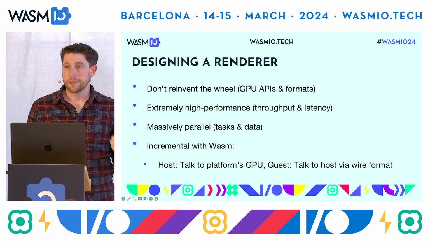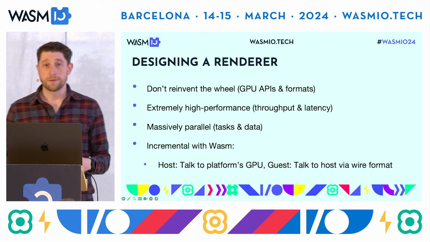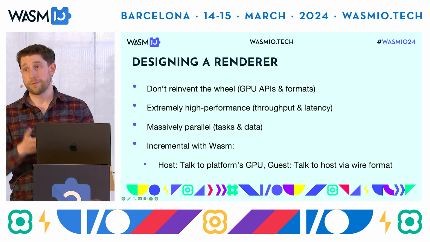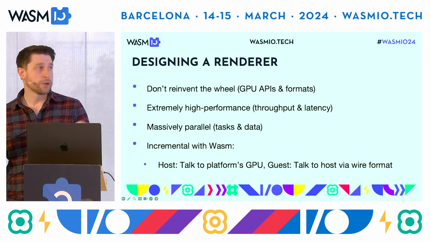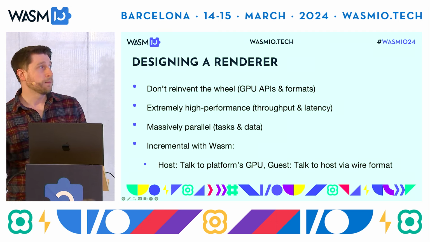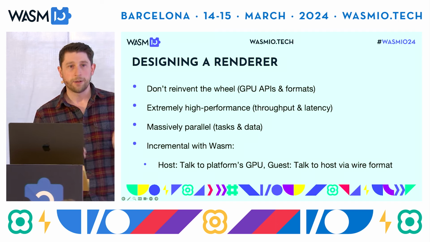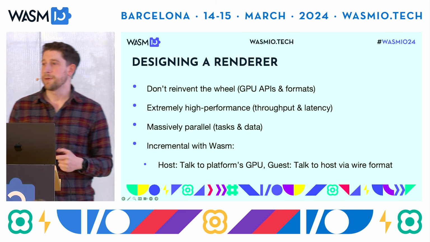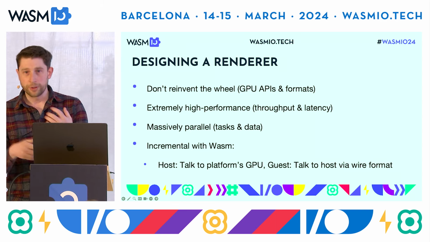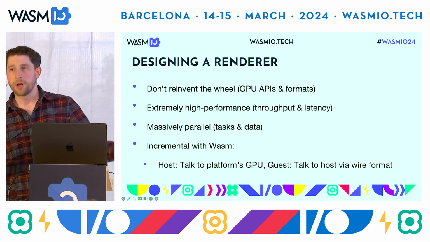A renderer must be extremely high performance. This is most obvious when you're doing 3D games, for example, something where you need 60 FPS, something where you're rendering massive amounts of data in parallel. If you think about how a lot of WebAssembly systems are designed, they're designed to be pretty CPU heavy, right? You've got a core that's doing a thing, or it's designed to be broad.